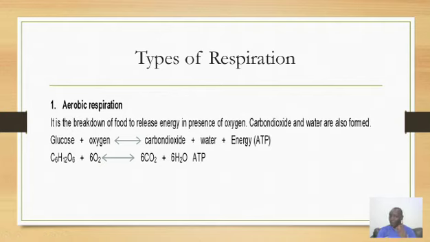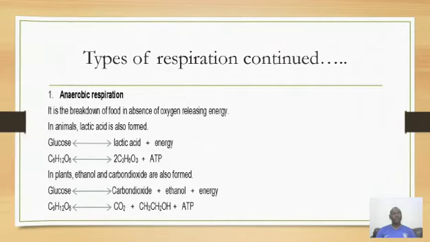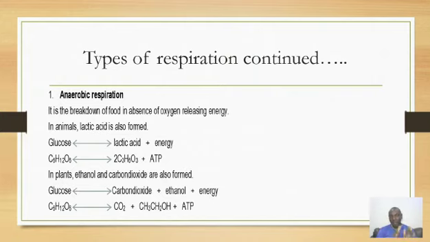That is aerobic respiration. In anaerobic respiration, the products differ. In plants, they are different from those in animals. Remember, in anaerobic respiration, food is broken down in absence of oxygen, releasing energy. In animals, sugars are broken down, forming lactic acid and energy, while in plants we form ethanol, carbon dioxide, and energy.